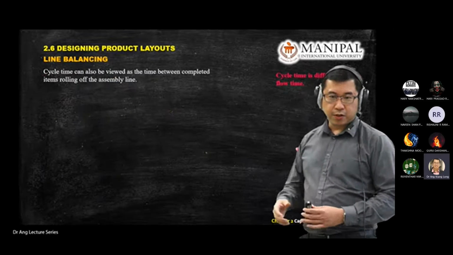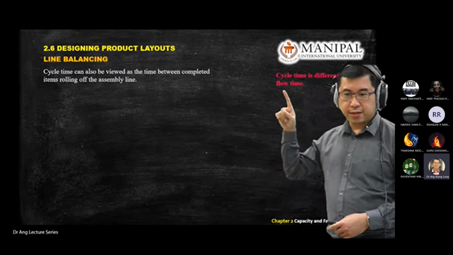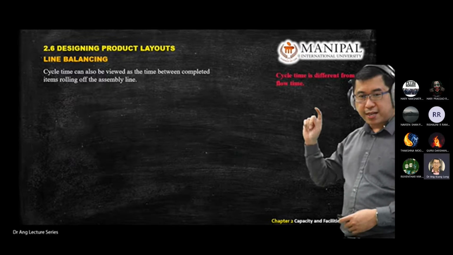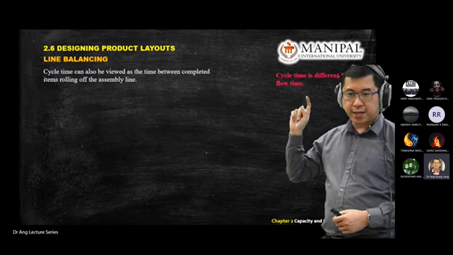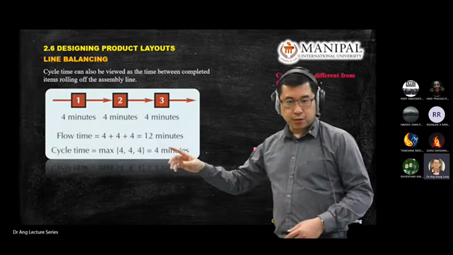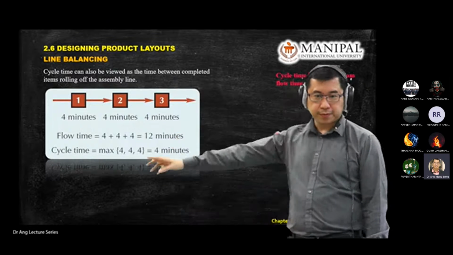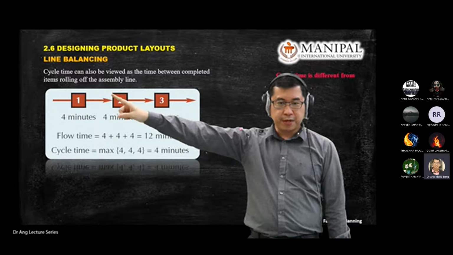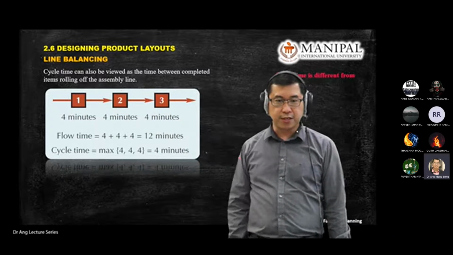Next, we talk about cycle time and flow time. Now, just now I introduced you the cycle time. Now, what is flow time? So I give you one example here. Flow time is the time from the first station to the last station.